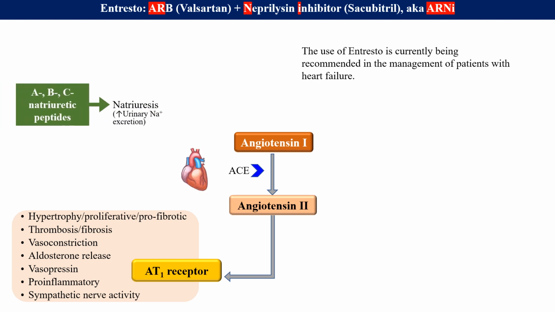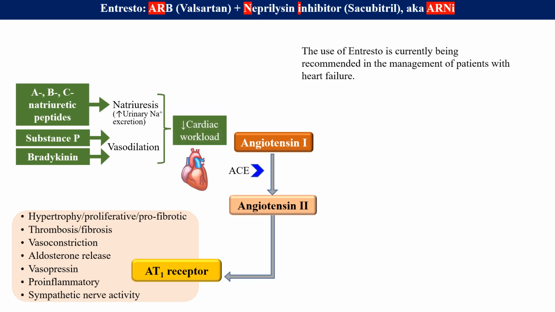Fortunately, we do have other neurohormonal systems to counteract these effects. We have A, B, and C natriuretic peptides that can induce natriuresis, and substance P and bradykinin that can induce vasodilatation, all working together to reduce cardiac workload.